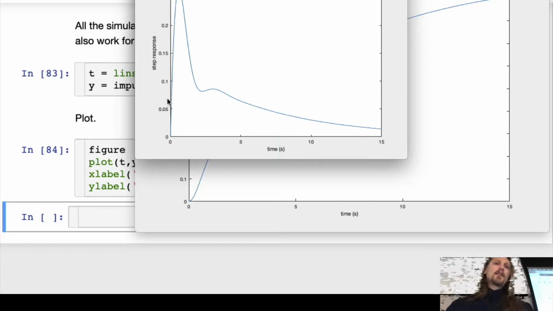We see this initial jump in the value, and then it decays, and as it decays, it's also kind of oscillating, isn't it? You get this little wiggle here. So you see that second order underdamped response along with that more dominant long-term decay, first order decay.